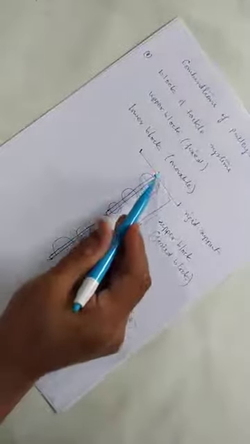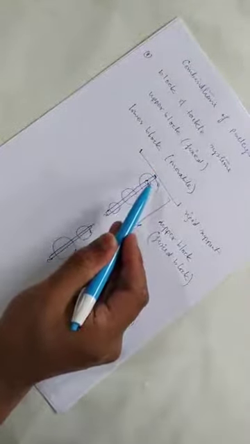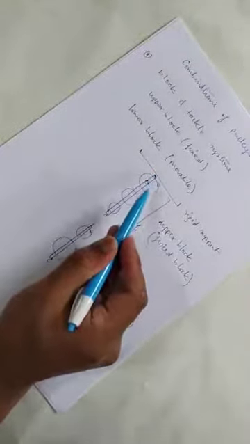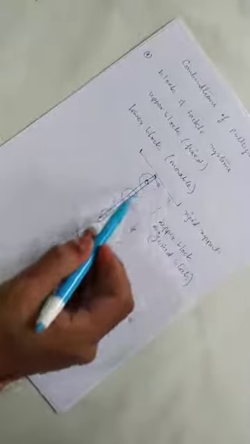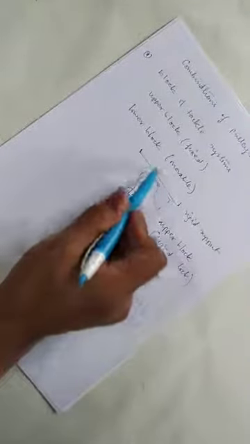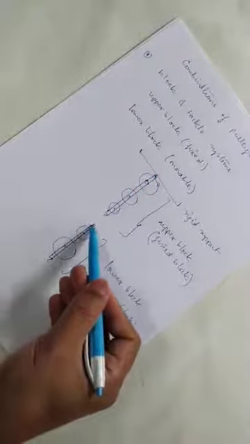What we see here is, in this upper block there are 3 pulleys, and in the lower block there are 2 pulleys. So this is fixed to a rigid support, that's why it is called the fixed block, and this is movable, it is lower and it is not fixed to any support, that's why it is called the movable block.